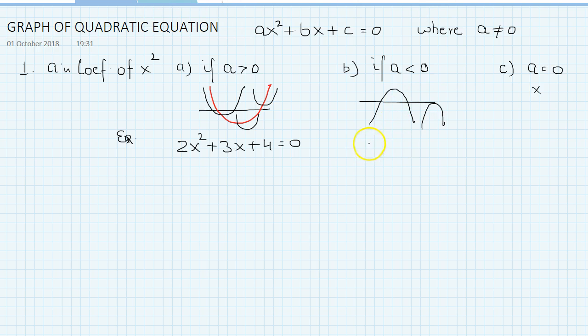And if the equation is minus 3x square plus 4x plus 6 is equal to 0, the shape of the graph is inverted. So this you have to understand just by looking at it. So first thing is shape.